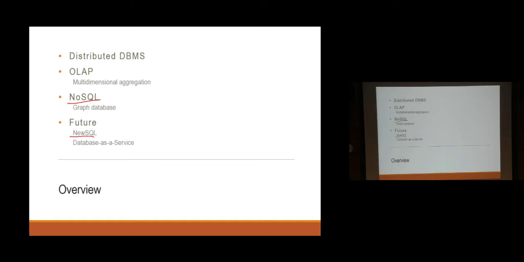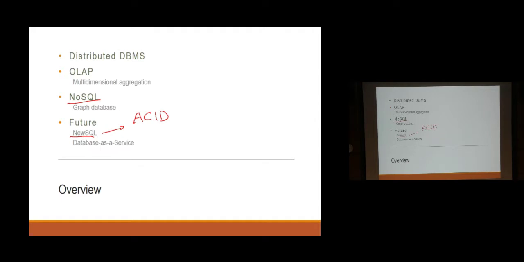So remember that what sets SQL apart in the DBMS is that it has the ACID properties. Okay, so atomicity, consistency, integrity, and durability. Okay, NoSQL does not have those guarantees. NewSQL tries to get the benefit of NoSQL with the ACID property.